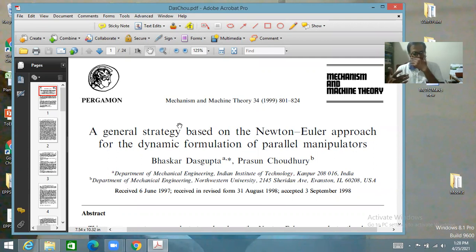So all parallel manipulators, and even some hybrid manipulators, can be formulated for their dynamics through the strategy with which I actually worked on different manipulators first.